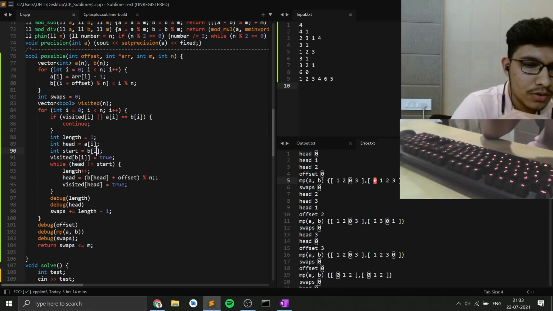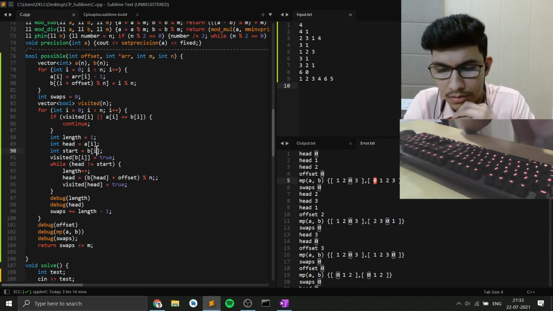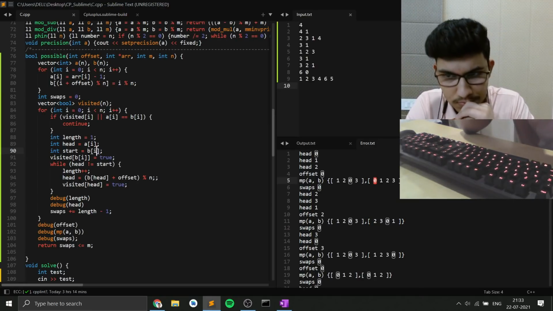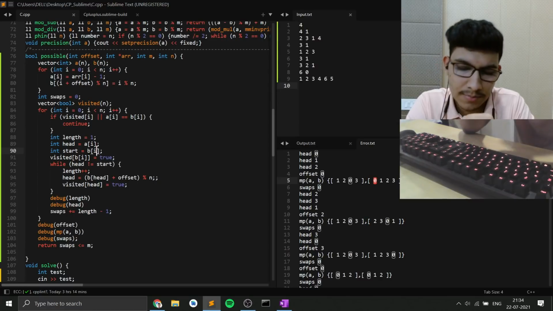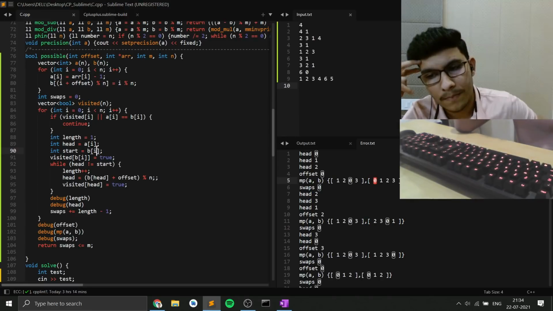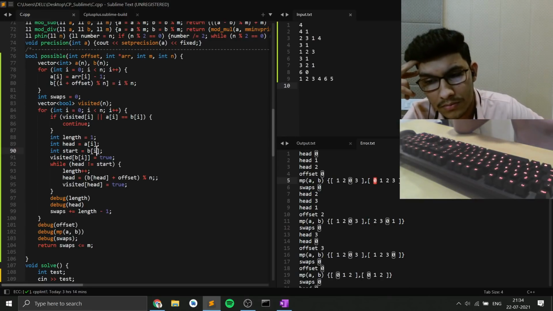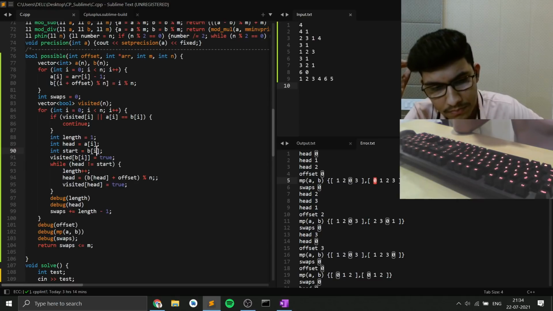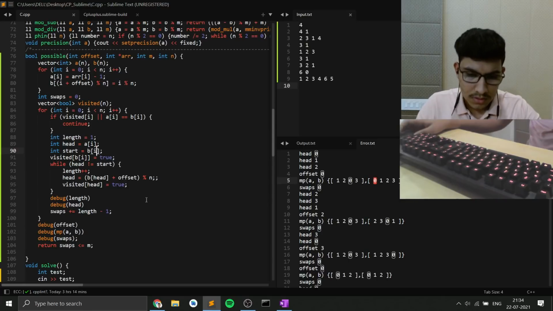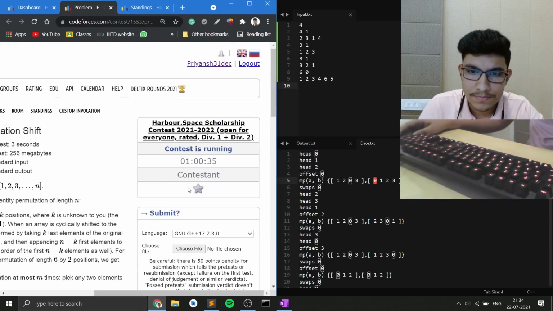So while head is not equal to start, I am at 0, but at that very place, okay, so this is all about a cycle here.